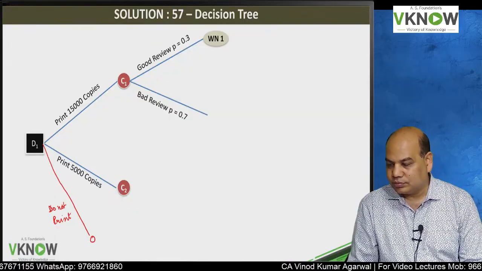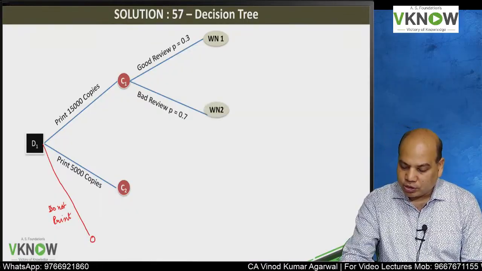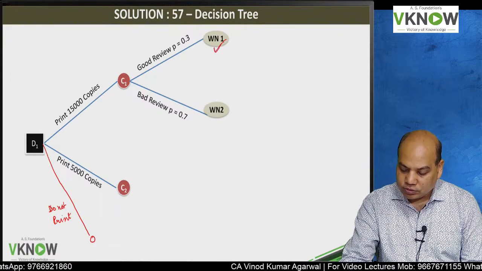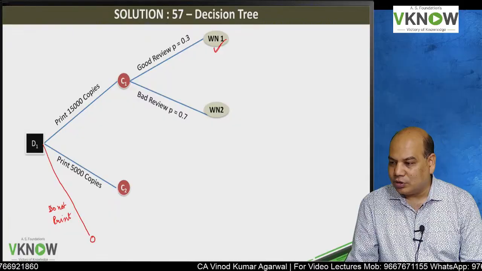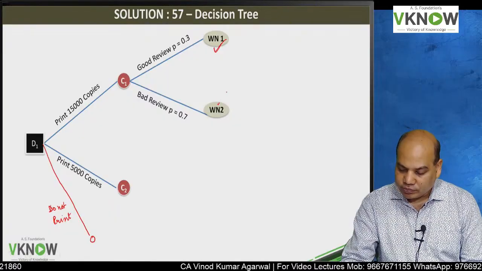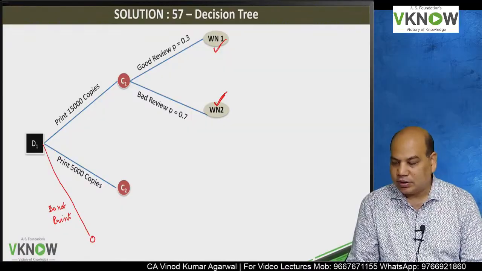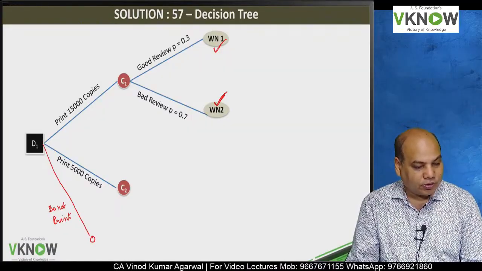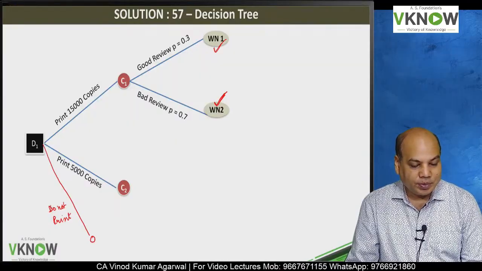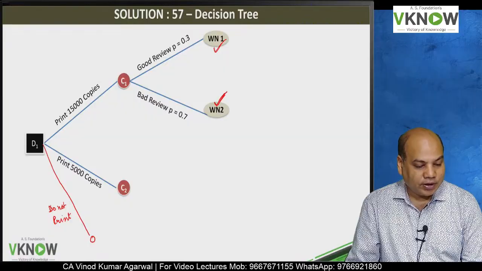Okay. If you print 15,000 copies, you will get good review whose probability is 0.3, and you will get bad review whose probability is 0.7. What about the value? Expected value. The expected value calculation I will do in working note 1 and working note 2. Why? Because it will require a lot of calculation: investment, present value of cash flow, then profit.